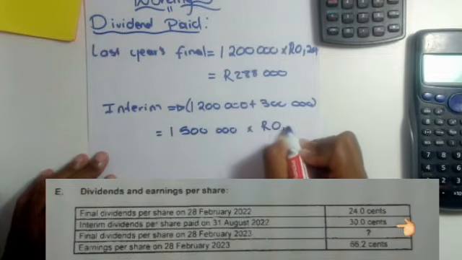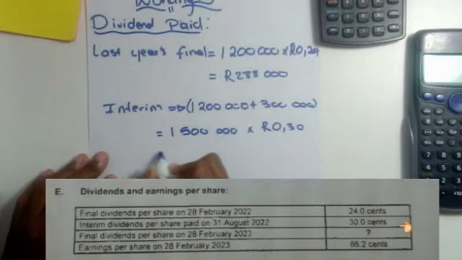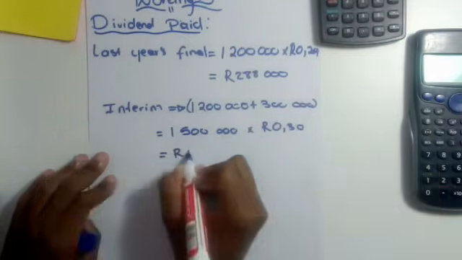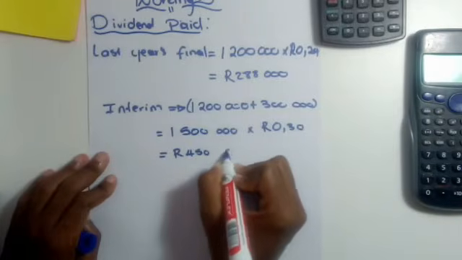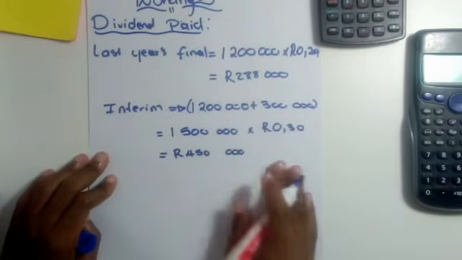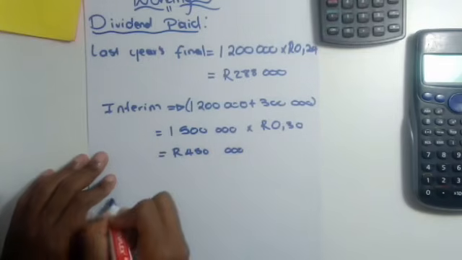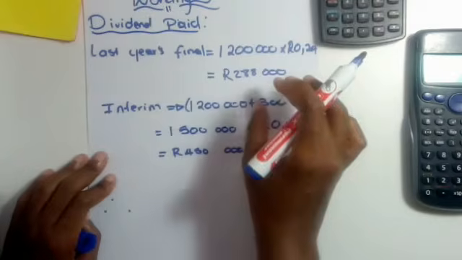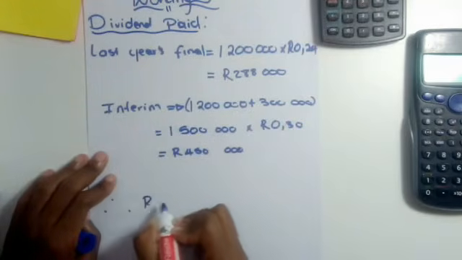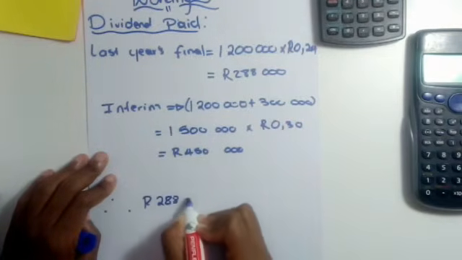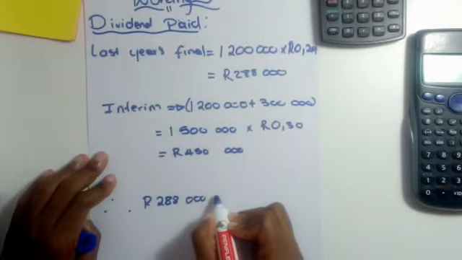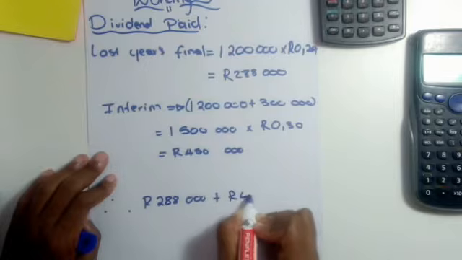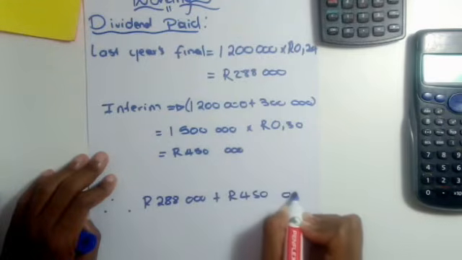So again, that's 0.30. Put it in your calculator and it gives you 450,000. And this 450,000, therefore, we are saying our total dividend paid will be the 288,000 that I paid for last year, and the interim of 450,000.